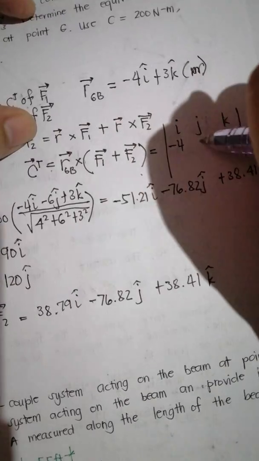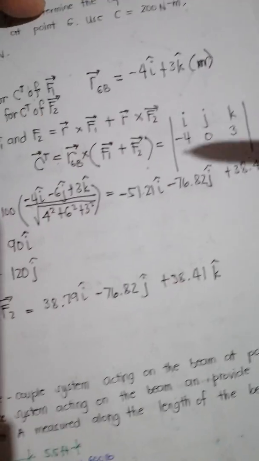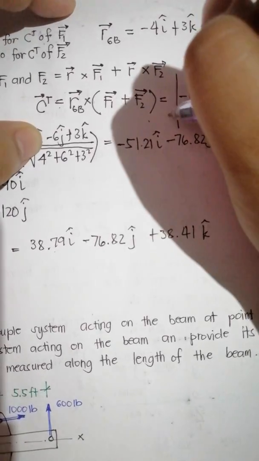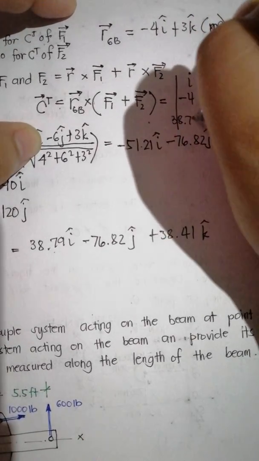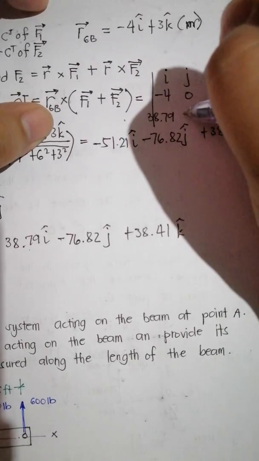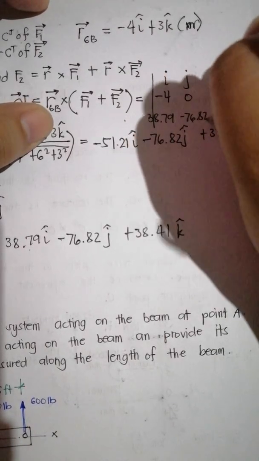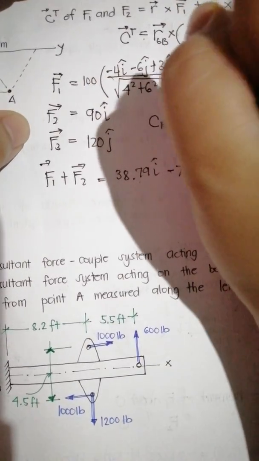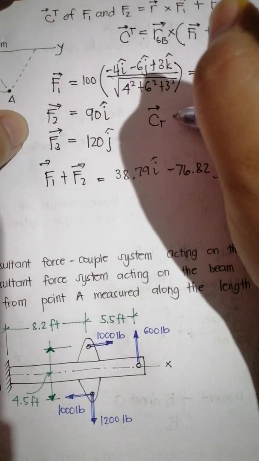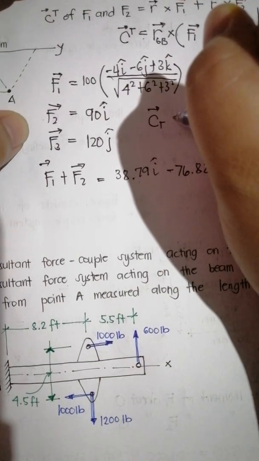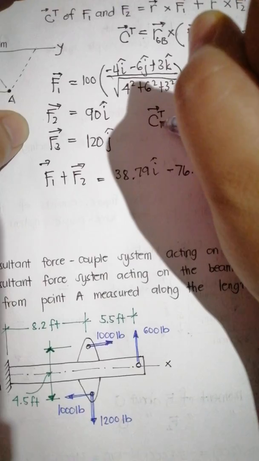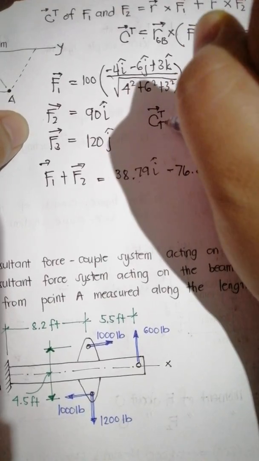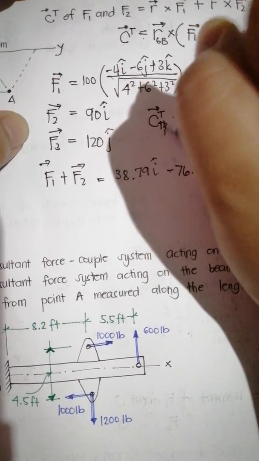Negative 4, 0, positive 3. And for F1 plus F2 vector, it's this one. 38.79 positive. For j hat, negative 76.82. For k hat, 38.41. So, yung ating couple of transfer for F1 and F2.